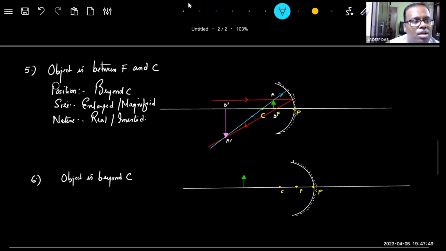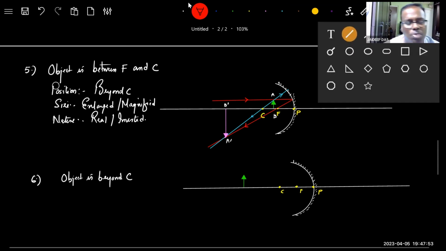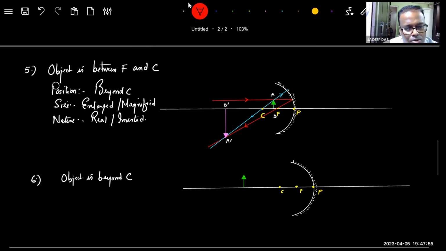अब लास्ट वाला केस इसका ऑपोजिट है. तो कैसे होगा? Ray of light which is parallel to principal axis will pass through focus.